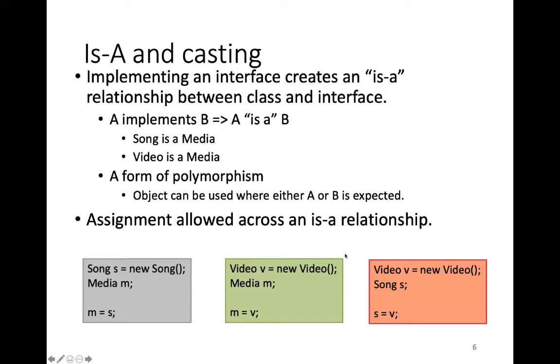So a lion is a mammal, and a tiger is a mammal, but a lion isn't a tiger and a tiger isn't a lion. So that is-a relationship determines when I can use a reference to an object in a particular context. Is there an is-a relationship with that type, with that interface? Then I can use that object.